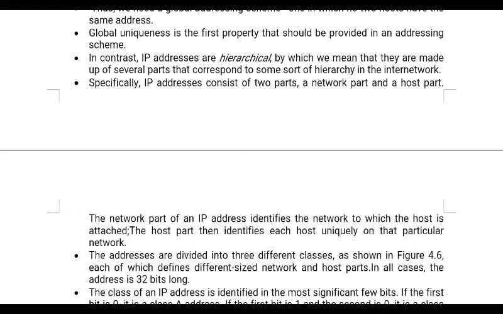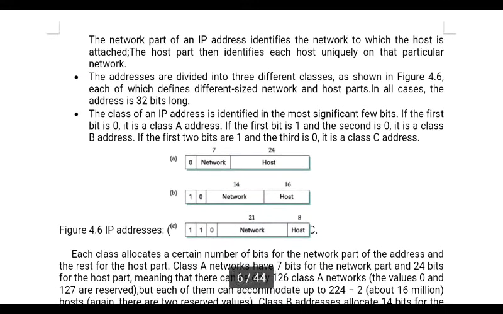The addresses are divided into different classes: class A, class B, class C, class D, and class E. Here they have given only the first three, class A, class B, and class C. As you know, IP addresses are divided into 5 categories. This allocation has come to be called classful addressing.